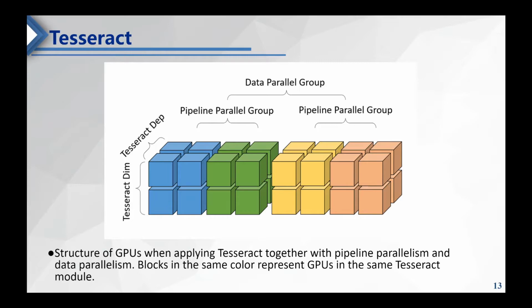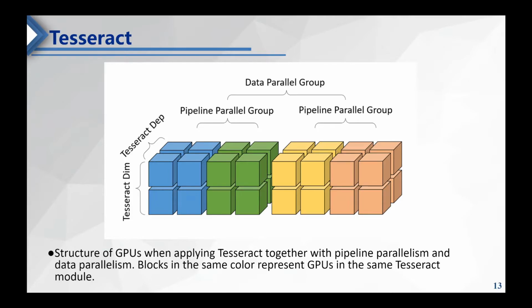Tesseract, as a novel structure of tensor parallelism, is capable of implementing existing data parallelism and pipeline parallelism as well. To further enhance its performance, as shown in this slide, it demonstrates the distribution of GPUs with data parallel size equal to 2, pipeline parallel size equal to 2, Tesseract dimension equal to 2, and depth equal to 2.